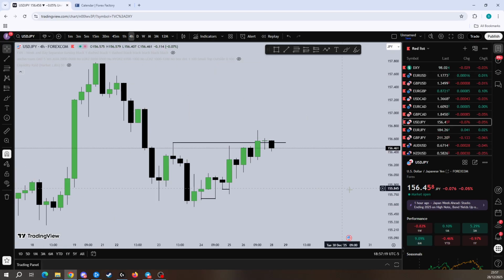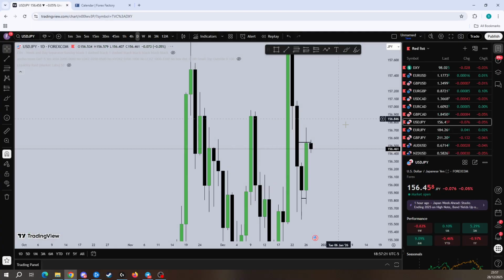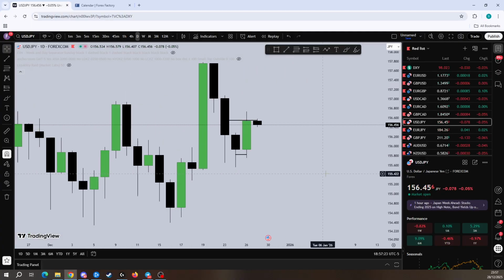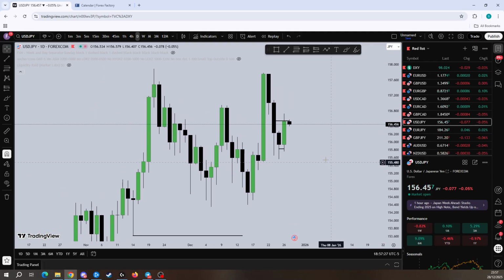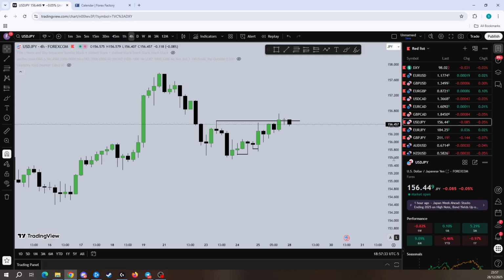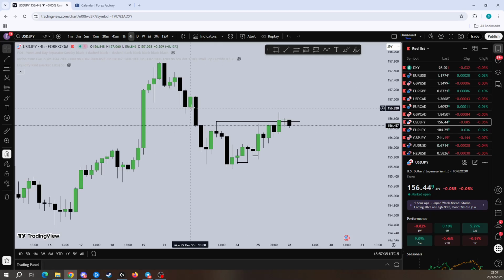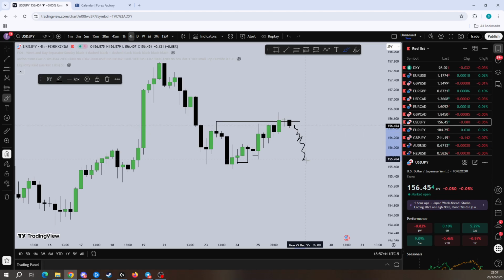UJ, because I'm interested in DXY longs early week, I'm not really too interested in UJ, but displaced lower, daily imbalance, taking out this 4 hour high into this 4 hour fair value gap. So what we could see is something like this, where we get a potential sell off from here.